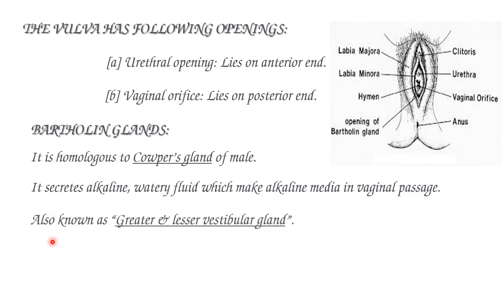These Bartholin glands are also known as greater vestibular glands. So these Bartholin glands are situated on the lateral side of the vagina. So this is the vaginal region. It is present on the lateral side of the vagina, the Bartholin glands. And like bulbourethral glands in male, these Bartholin gland secretions are also helpful for lubrication.